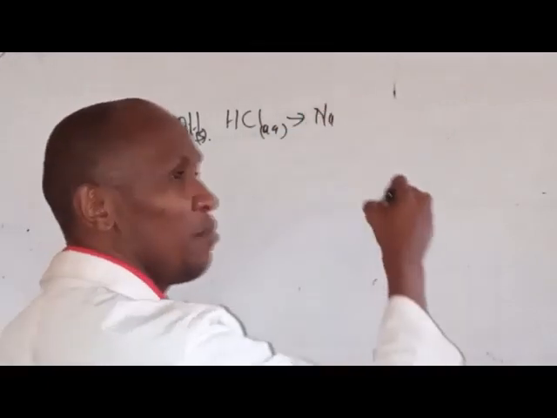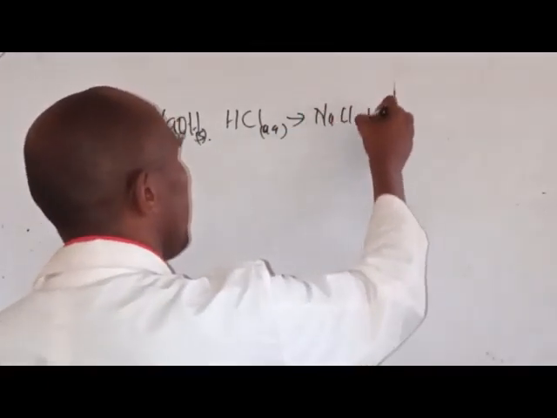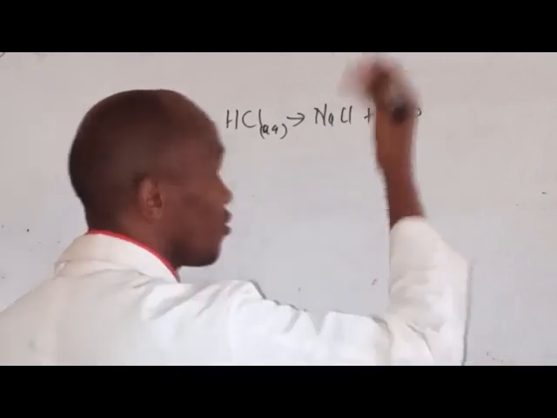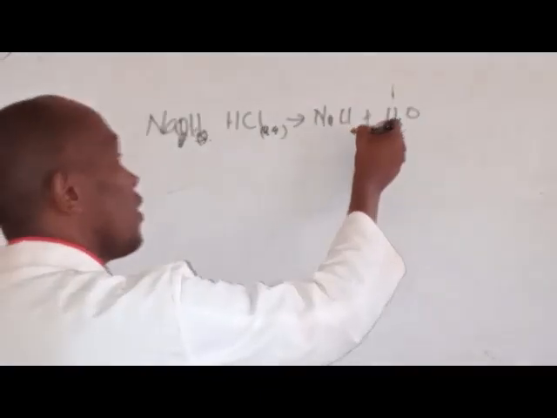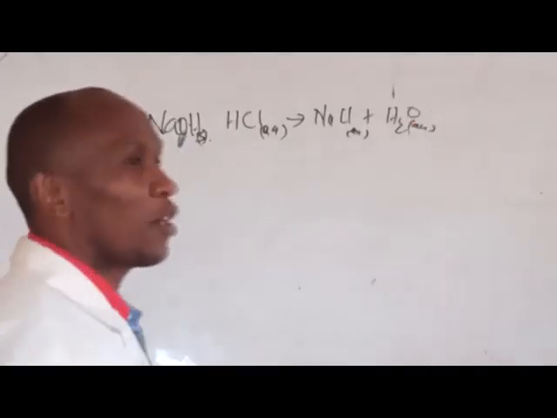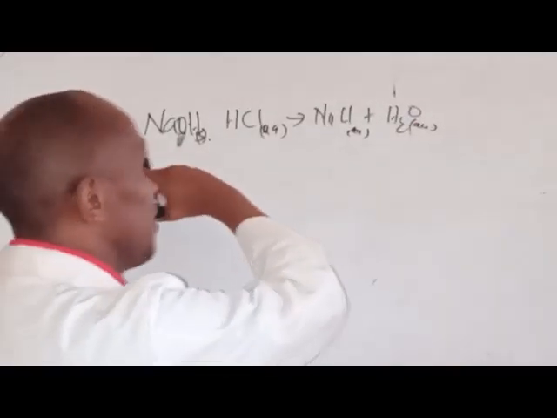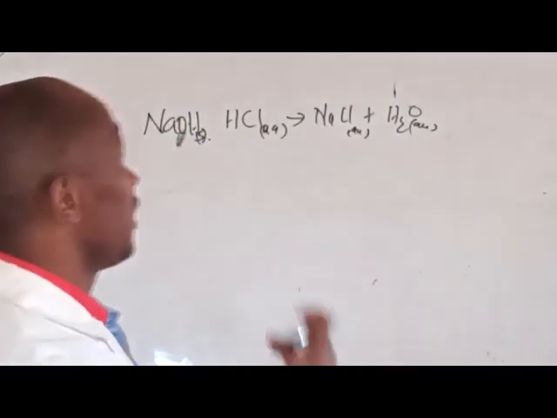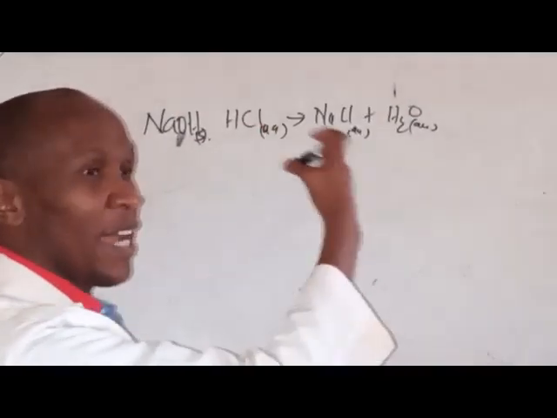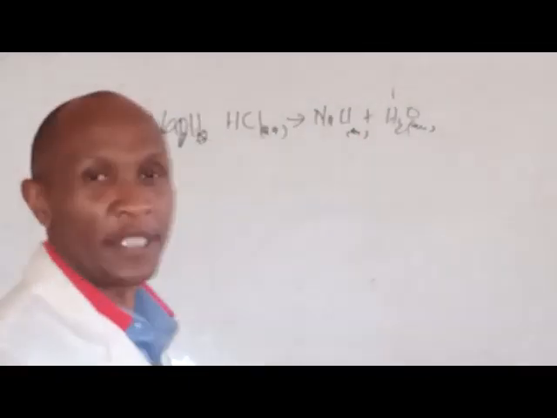That, of course, will give me sodium chloride and water. Yeah, that is true. That is what I get. And that is going to be in aqueous state, and that is also going to be in aqueous state. So I can react that directly. Sodium hydroxide can be reacted directly with hydrochloric acid to give me sodium chloride.